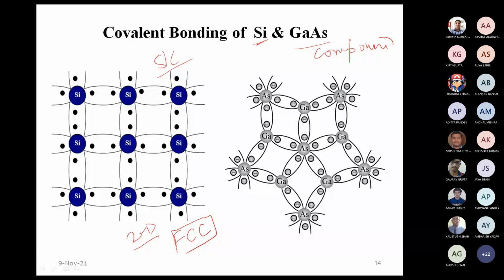If we look at how different materials are arranged, they are arranged in three dimensions. They have a 3 dimensional extension, they are not 2 dimensional. These atoms are situated at a distance from each other, which we call the lattice constant or interatomic distance.